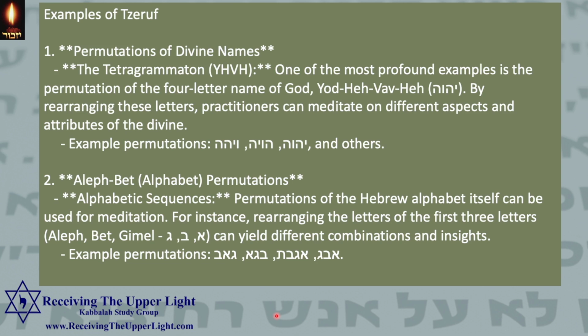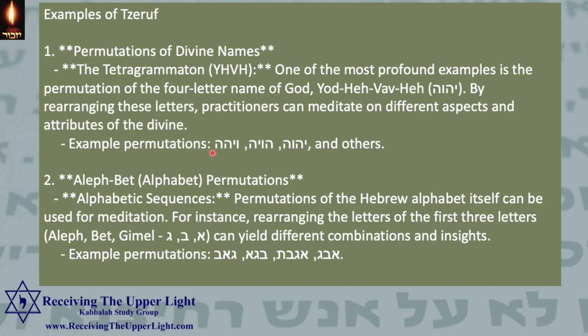And here, the first example is the permutation of divine names. And for this, we're going to use the tetragrammaton, better known as the Yod-He-Vav-He, which is one of the most profound examples, right? The 4-letter name of God. And by rearranging these letters, the practitioner can meditate on different aspects and attributes of the divine.